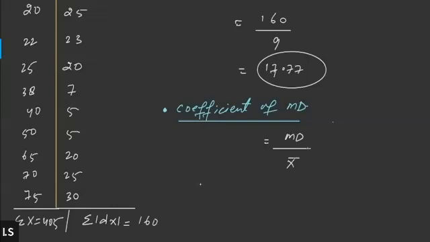Earlier we used to divide the mean deviation by the median, because we were calculating the mean deviation by median, but now as we are calculating it on the basis of mean, in order to find out the value of the coefficient, we will have to divide it by the mean value. So 17.77 divided by the mean value, it will be 45. So the answer will be 17.77 divided by 45. It will be 0.3950.